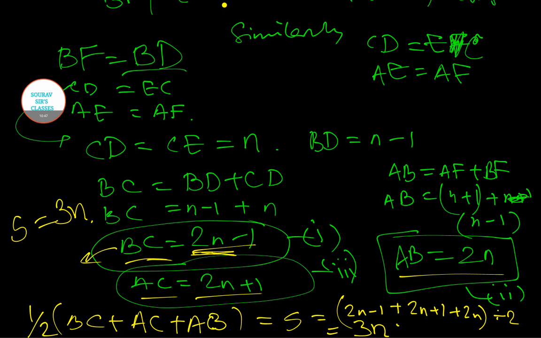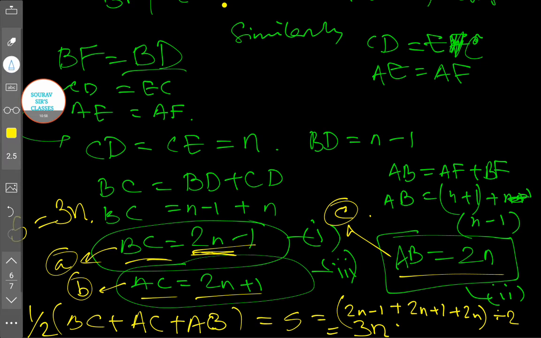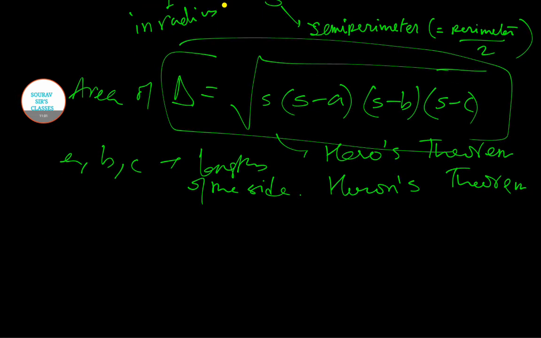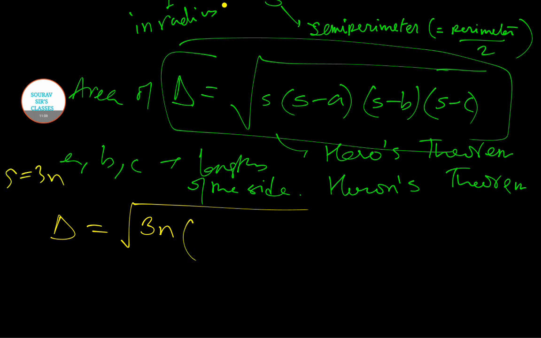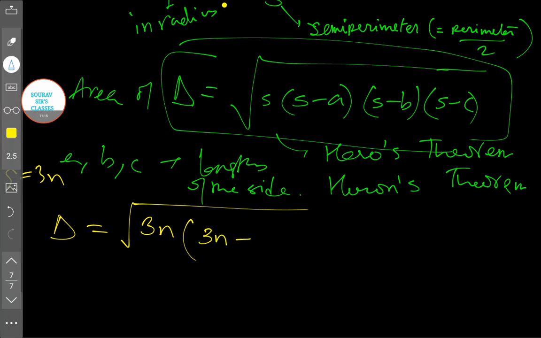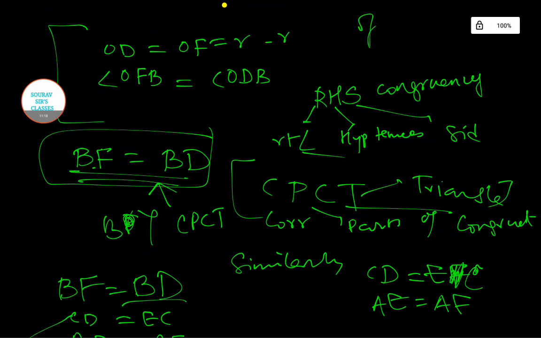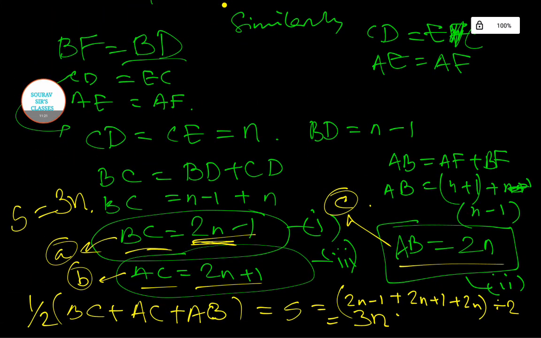Without loss of generality, we will take BC as side A, AC as side B, and AB as side C. So basically we have delta, which is the area, equal to root over 3n, because S equals 3n, and S minus A is 3n minus A. A is 2n minus 1, B is 2n plus 1, and C is 2n.